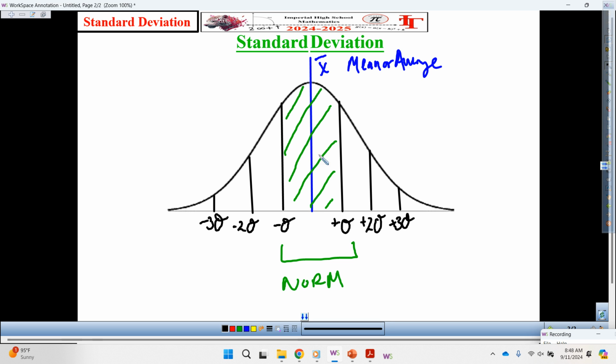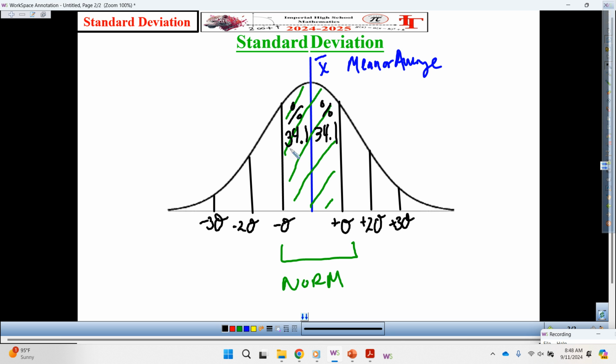All right, let's add some percentages. Look up. In here, I want you to write 34.1 and 34.1. These are percentages. Because under the curve, there's a certain percent on that area. So on one standard deviation, if you go up, it's 34.1.